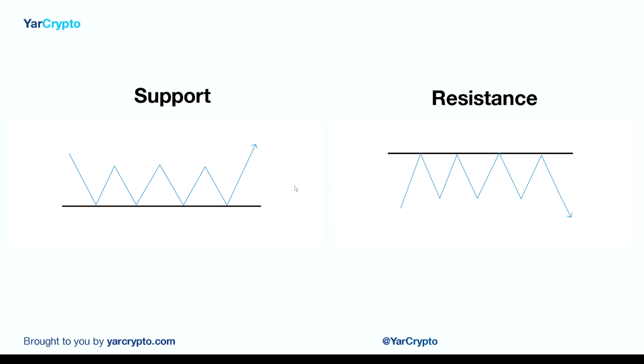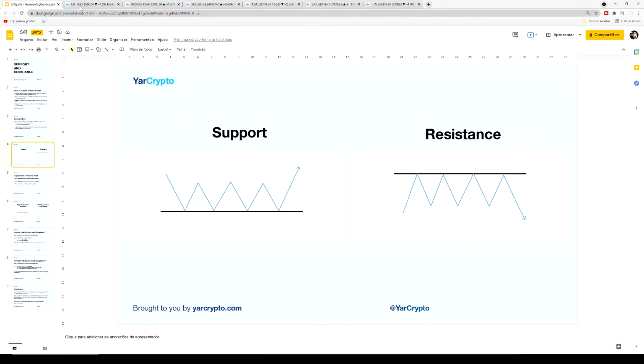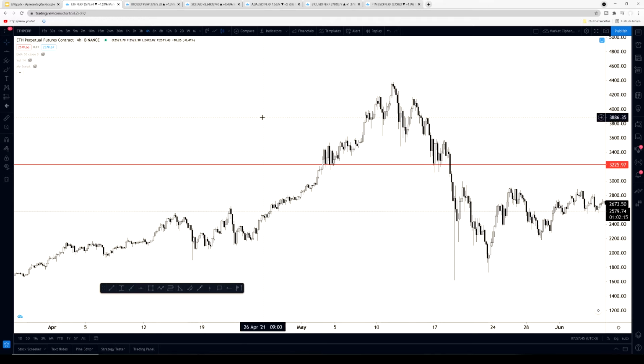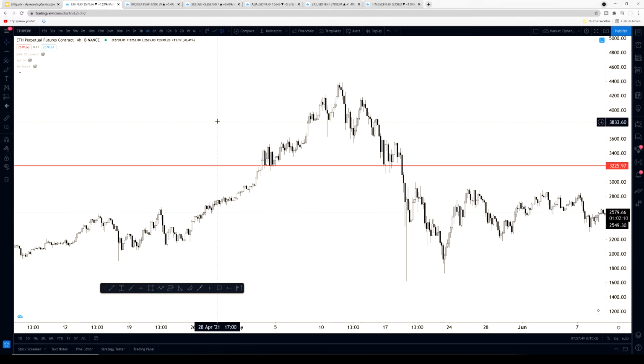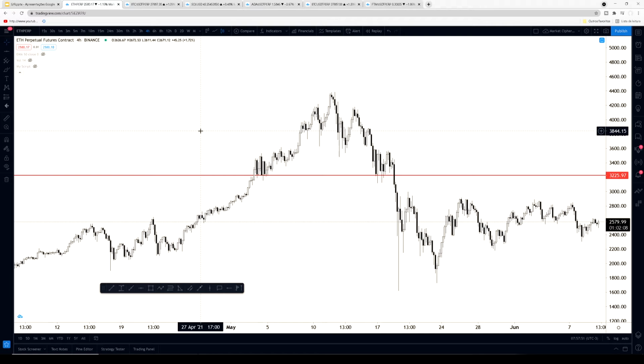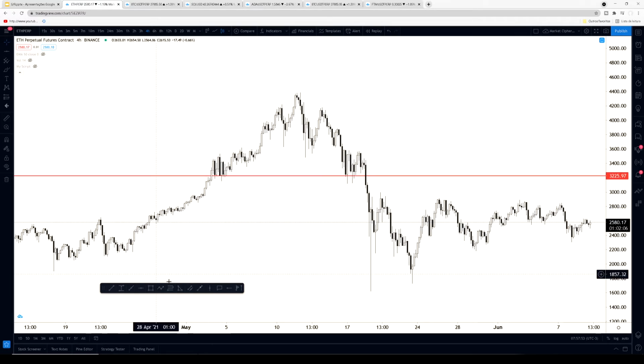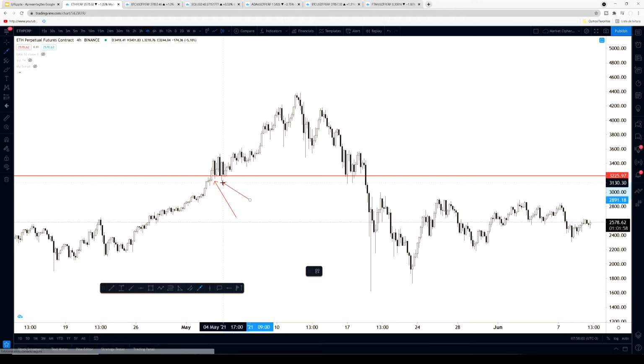I'm going to give you guys some examples of support first. So we have this chart over here, the Ethereum 4-hour chart. If you pay close attention to this level right here, we have this cluster area where we had support over here, and then support again, and support again.